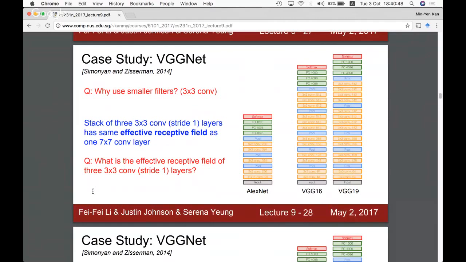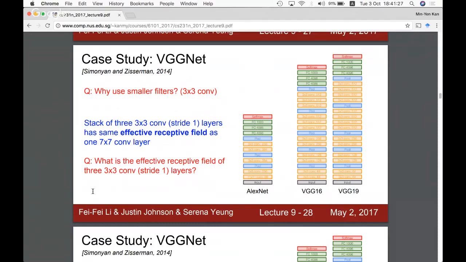Say for example you have a 224x224 image, and you have 3x3 filters. The first conv layer is going to change it to 222, the next one is 220, and the next one will be 218x218.